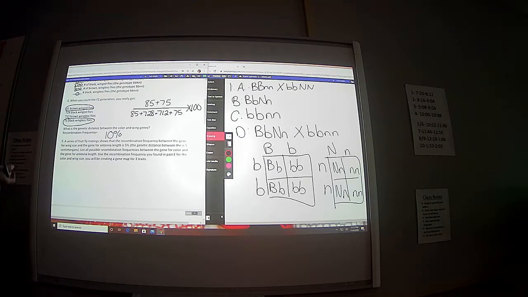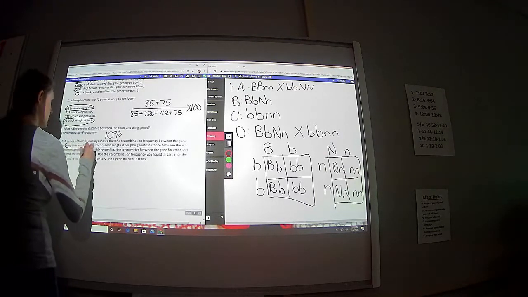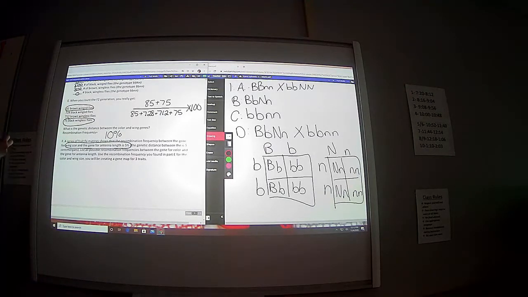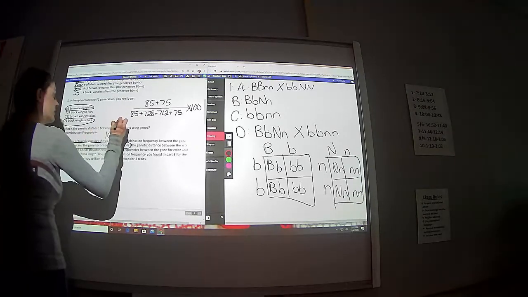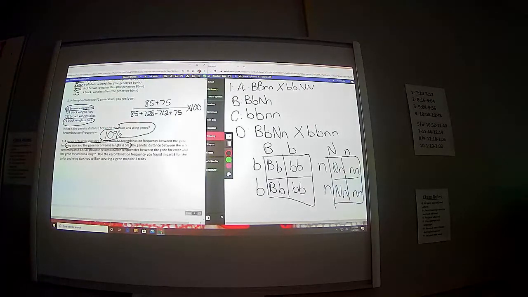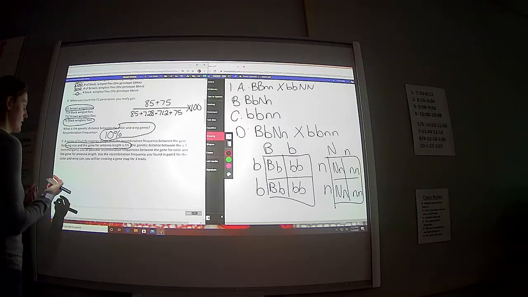Okay, so they tell us that the recombination for antenna length and wing size is 5%, and we know that the color and wing is going to be 10%. So you can make up your own letters for your traits.